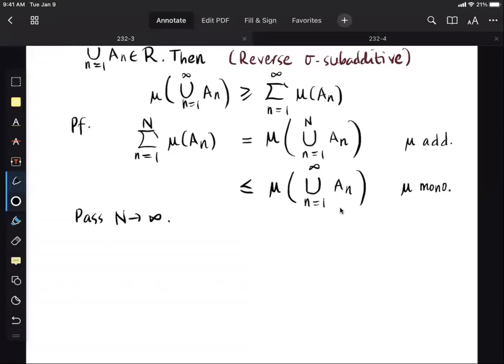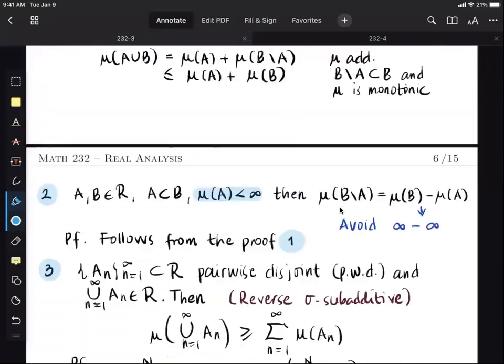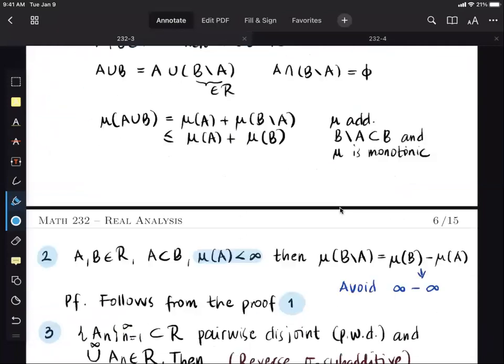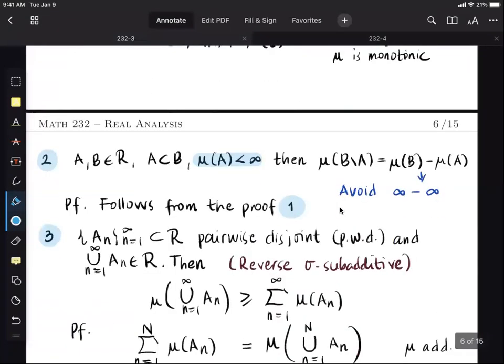Okay, so that's the first three properties that we would like to establish. A content is monotonic and subadditive. The content of the set difference is the difference of the contents, provided that one is a subset of the other and the smaller set has a finite content.